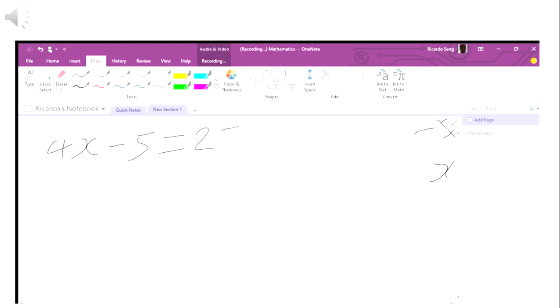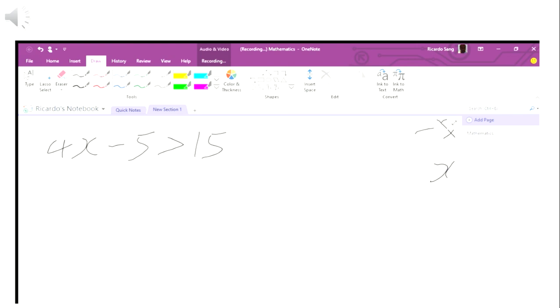That's right, 15. And let this be greater than, because we're talking about inequality. So 4x minus 5 greater than 15.